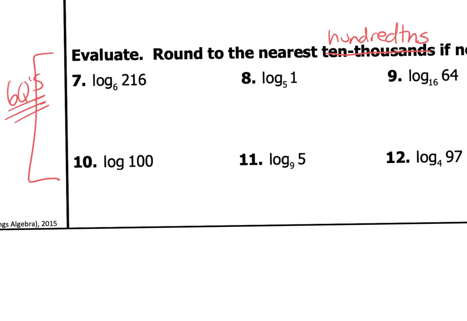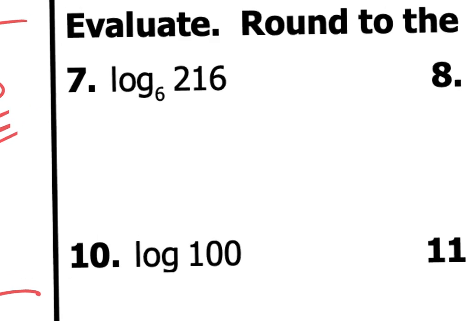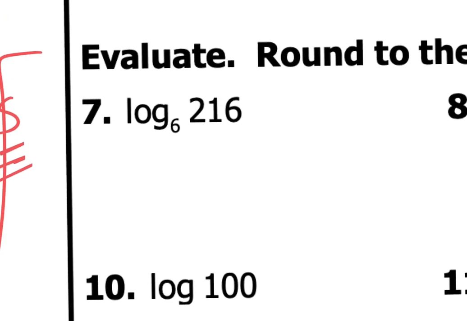Okay? So, in your calculator, guys, the only thing your calculator will do with a logarithm is if it has a base of 10. And so when you look at number 7, obviously the base is a 6. You've got to do what's called the change of base formula. So what we're going to do is make this a log over a log. The base, 6, goes in the bottom.